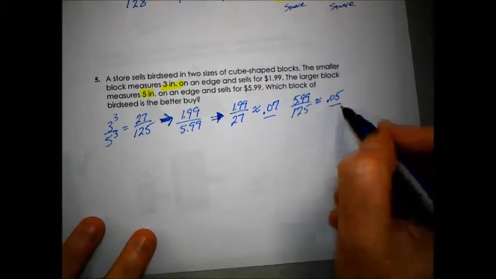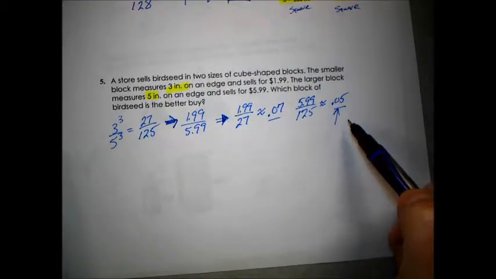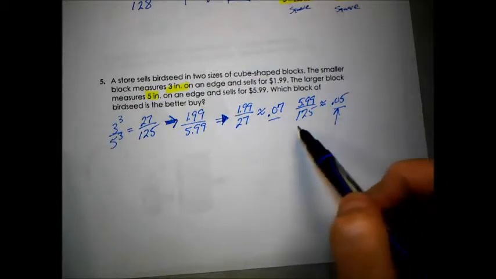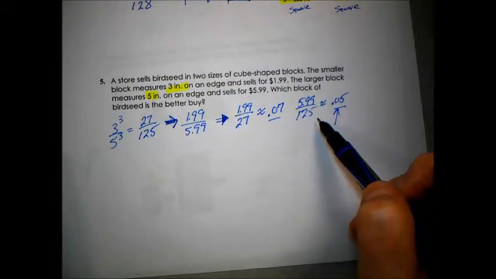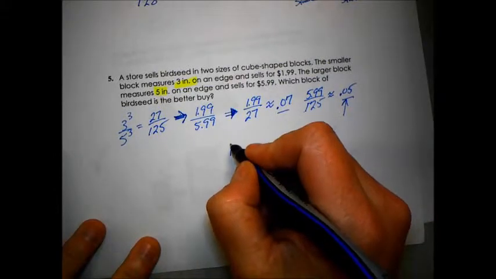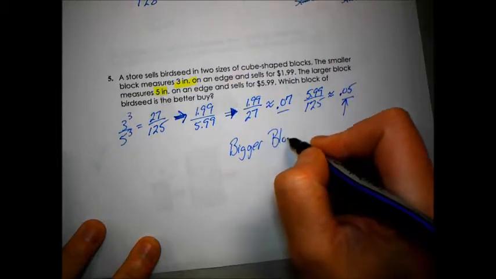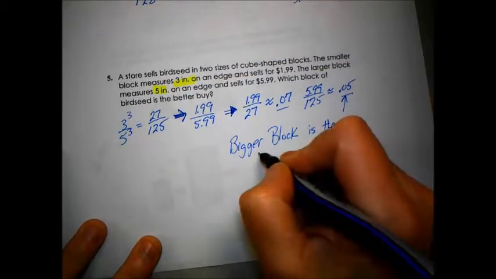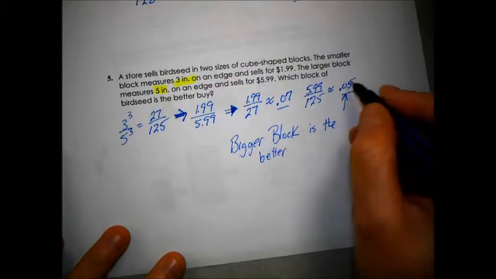So if I'm looking at the 2 prices, the one that's 5 cents per cubic inch versus 7 cents per cubic inch, the 5 cents gives me more because it is the bigger size. So we're going to say that the bigger block of birdseed is the better buy, because you're getting more for a lesser price.